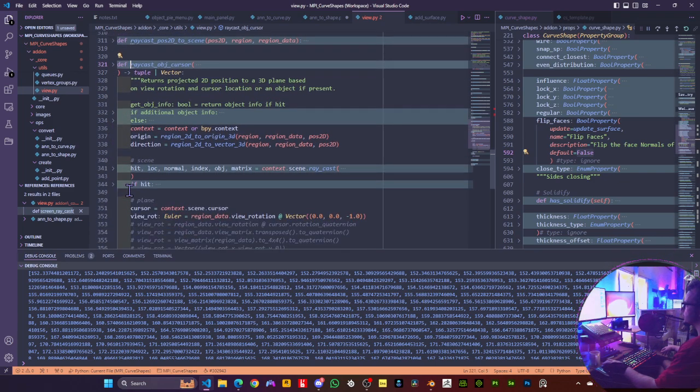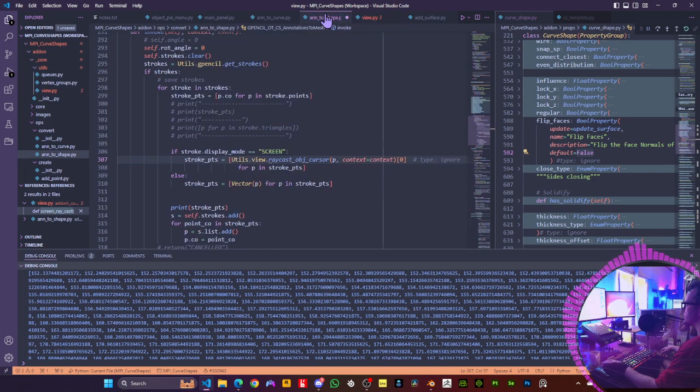Let me see if it expects pos 2D to be a 2D vector, or if it takes in a 3D vector. If it takes in a 3D vector, it'll complain about it.